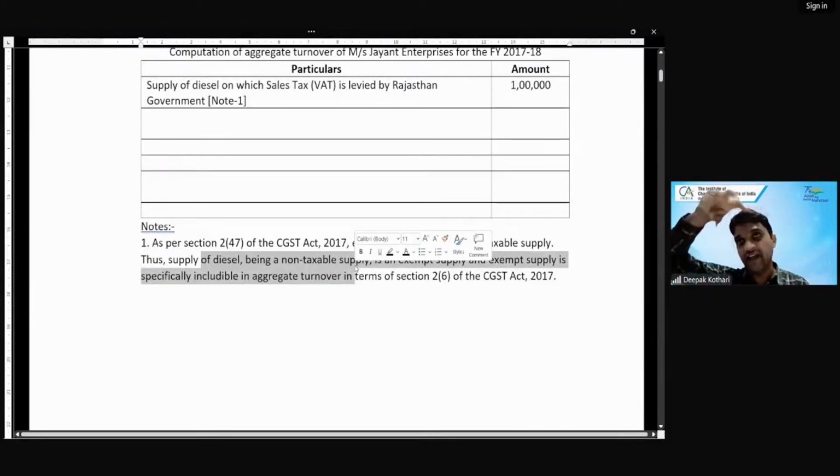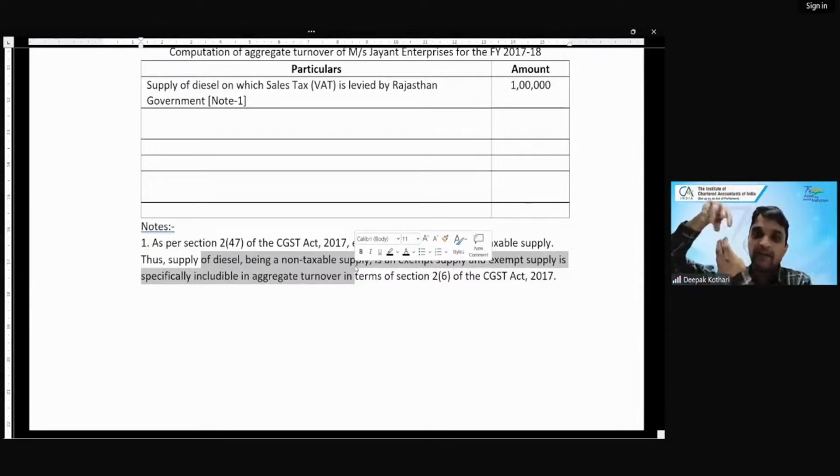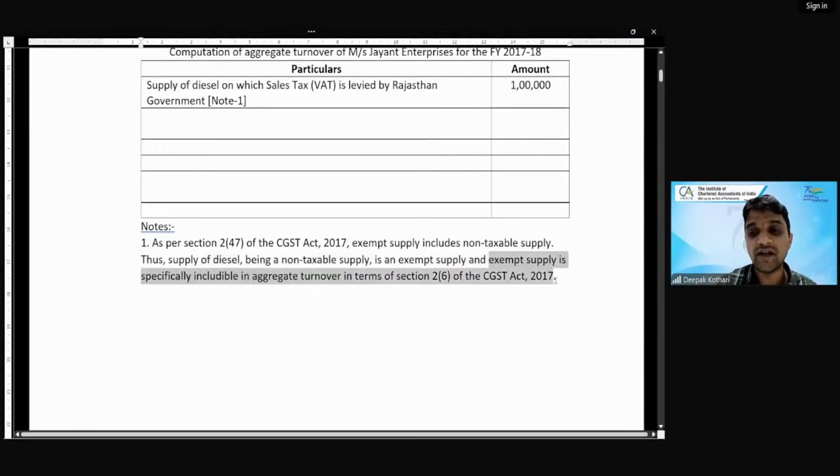Right. So we are calculating aggregate turnover. Aggregate turnover includes taxable supply, and it also includes exempt supply. And then filtering it down, the exempt supply definition also includes non-taxable supply. So diesel being a non-taxable supply, we will include it.